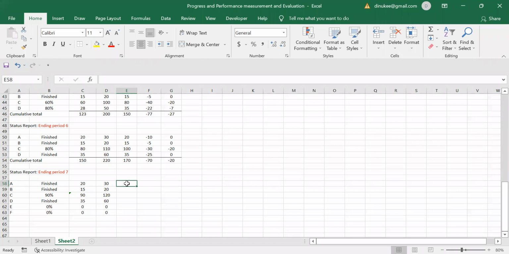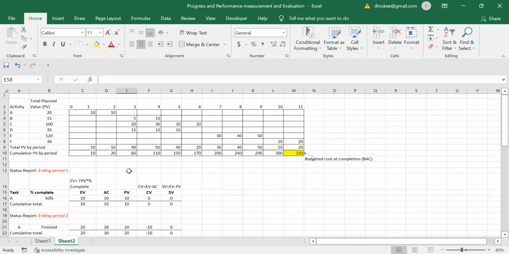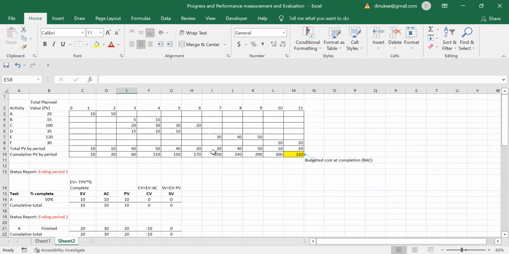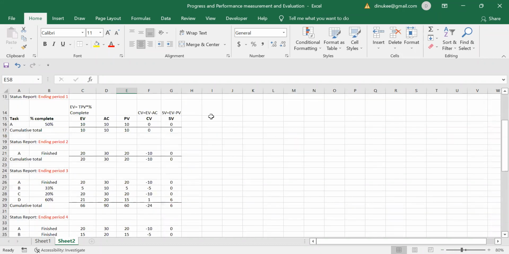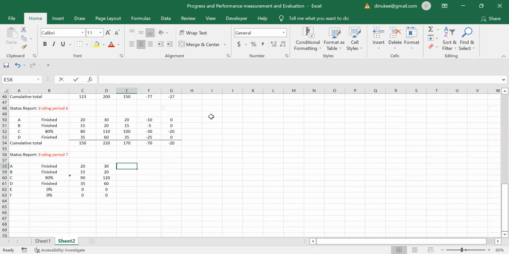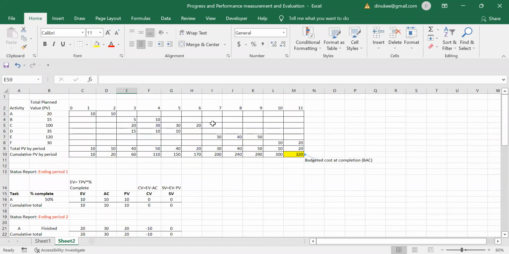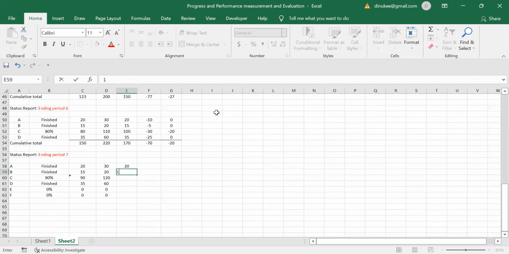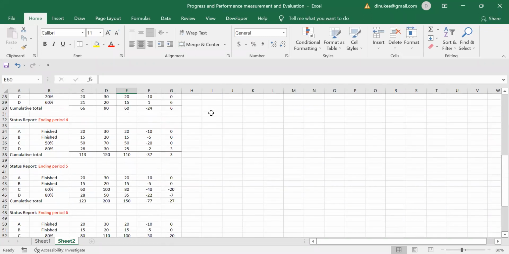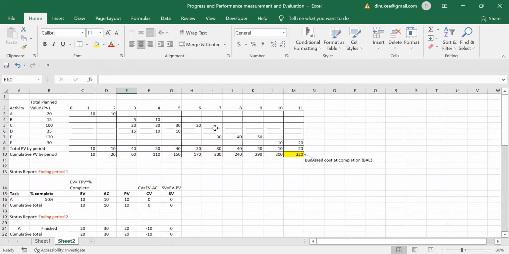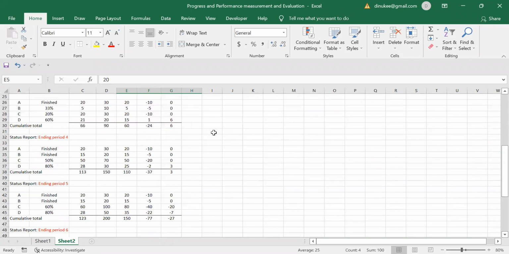Plan value for the ending period 7. For the activity A, it should be 20. For the activity B, ending period 7, it should be 15 plan value. And for the C, ending period 7, the summation of these.